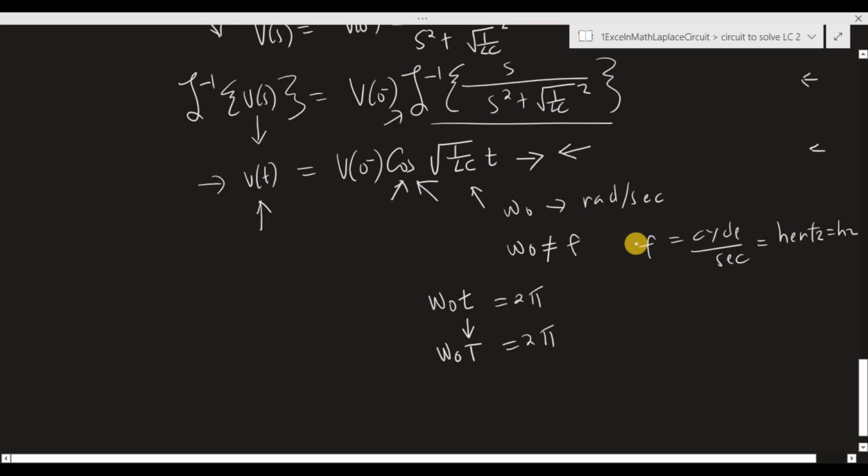Since T is the period, it is the reciprocal of frequency. So omega naught multiplied by 1 over f equals 2 pi, and therefore omega naught is equal to 2 pi f. Okay, so this is how we derive the relationship between omega naught and frequency.